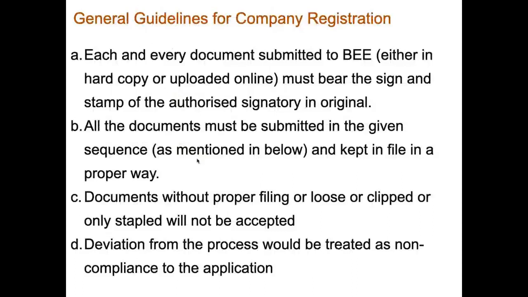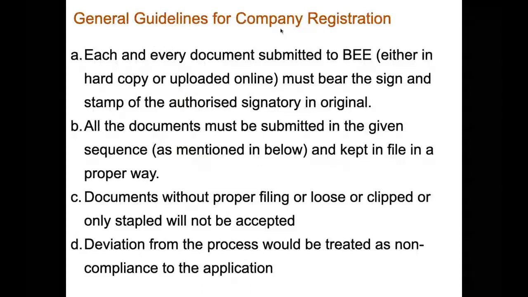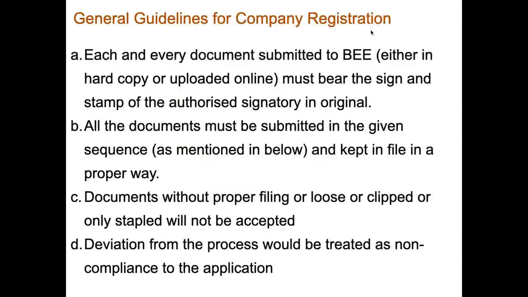So the general guidance regarding company registration, how we could get that company registration. Before that, these are the guidelines for company registration: each and every document is submitted to the Bureau of Energy Efficiency, right?